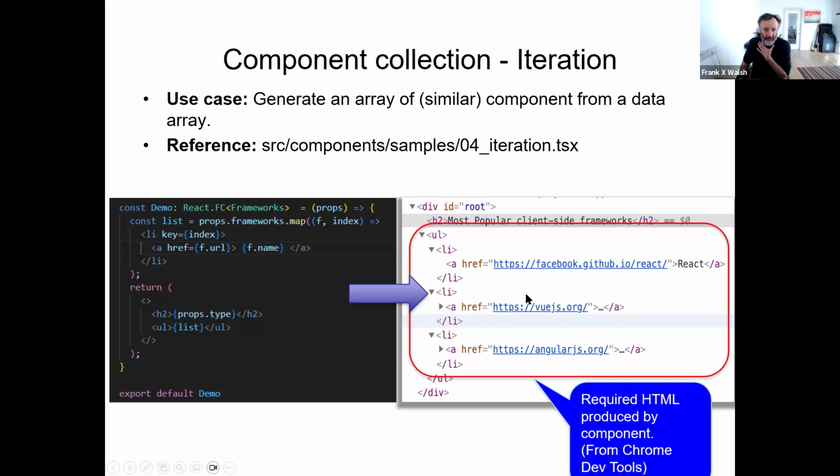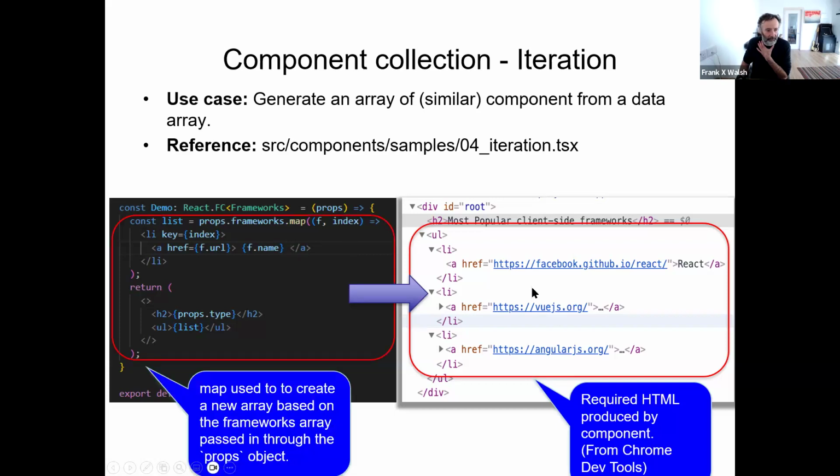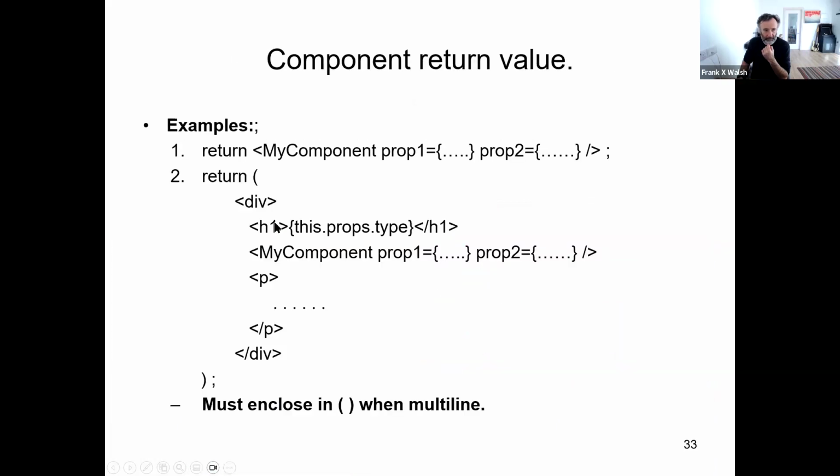It gets transpiled and rendered as that. So it's pretty cool. So map is used to create a new array based on a frameworks array passed through the props object. So the frameworks array comes through the props object. We're using TypeScript here to specify what's contained in props here. It's a React functional component, and frameworks is the interface, right? We saw that before, okay, in the examples.